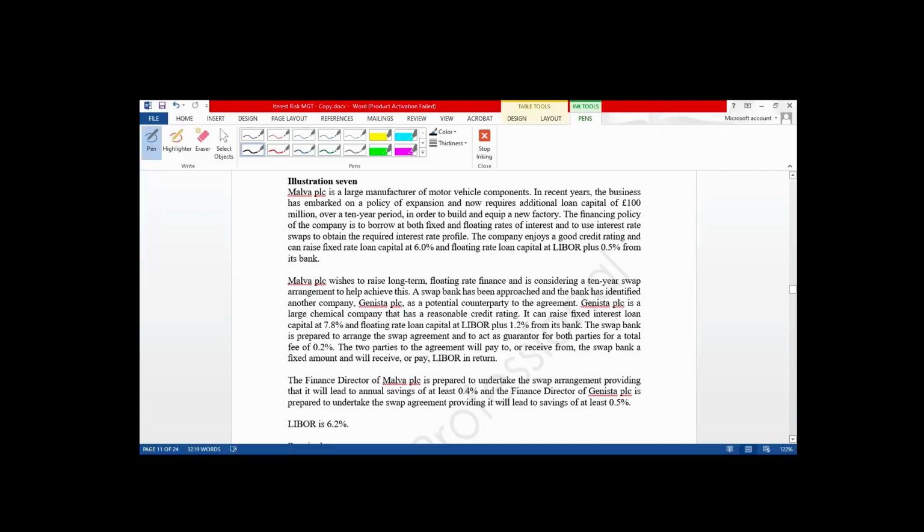Genista PSC is a large chemical company that has a reasonable credit rate. It can raise fixed interest loan at 7.8% and floating rate loan at LIBOR plus 1.2% from its bank.